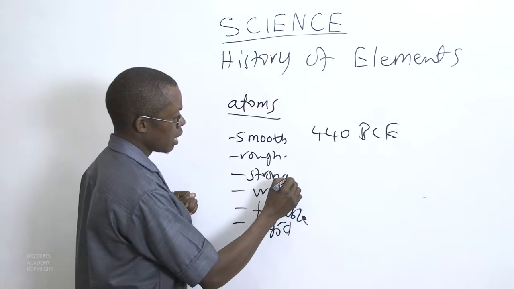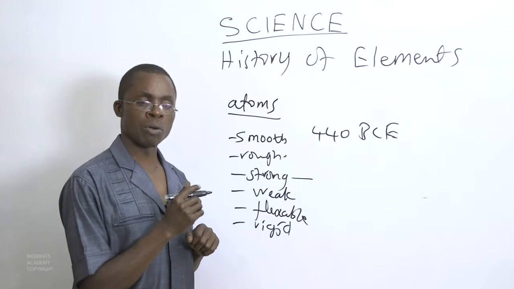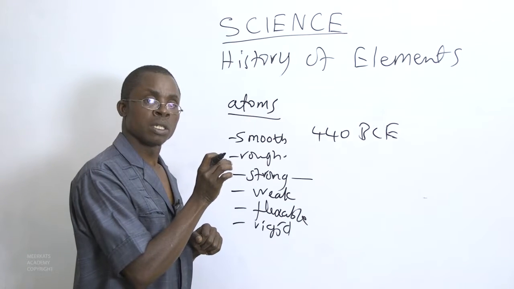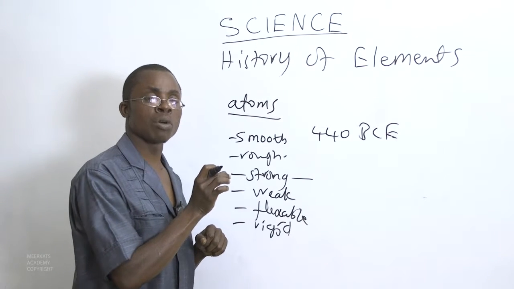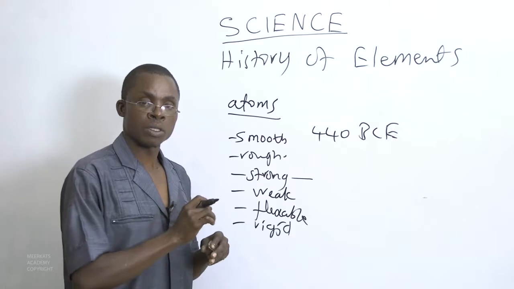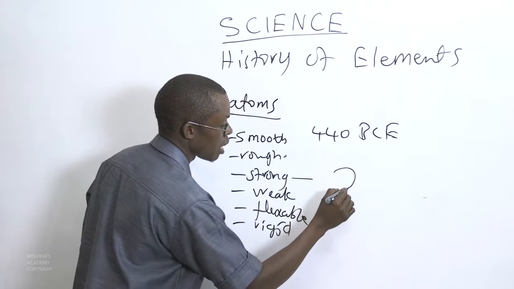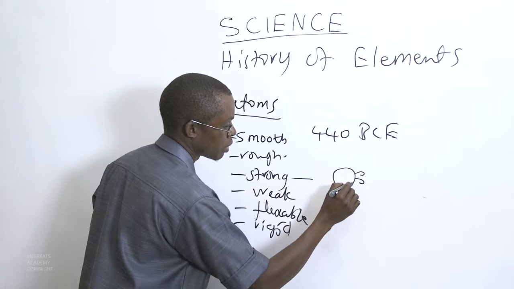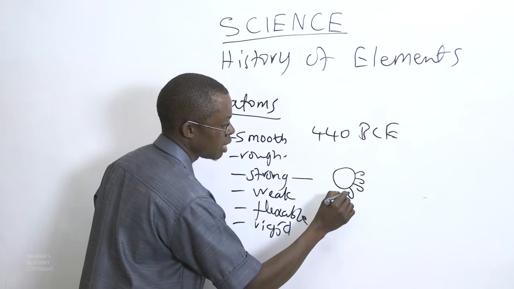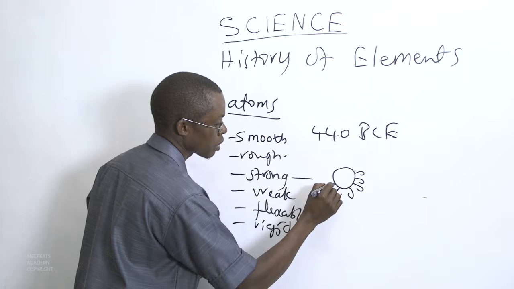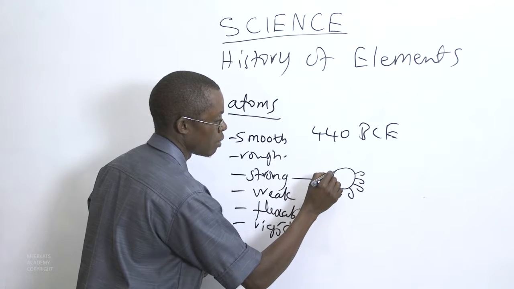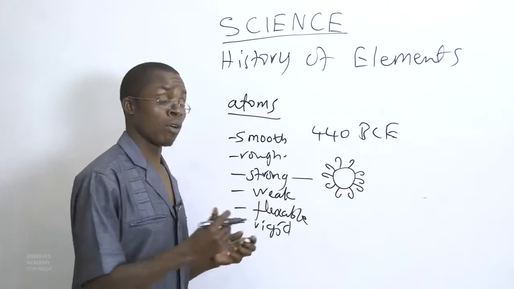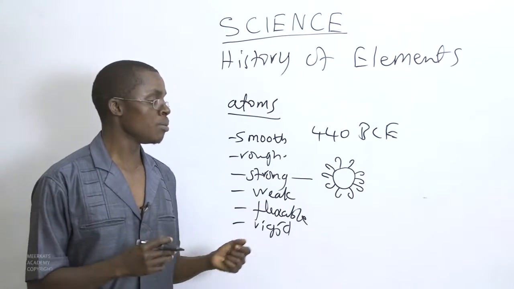For something like the one that is strong, they imagined that between these atoms, we have atoms that have so many hooks on them. So you can imagine if this is an atom, and we assume each one of them has hooks. The number of hooks can vary, which at the moment is false, but by then that was the imagination.